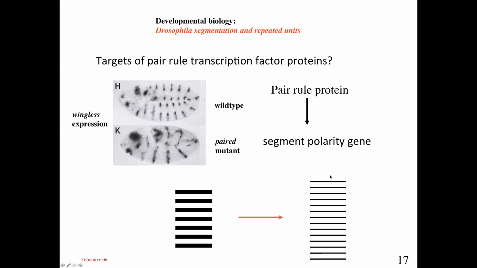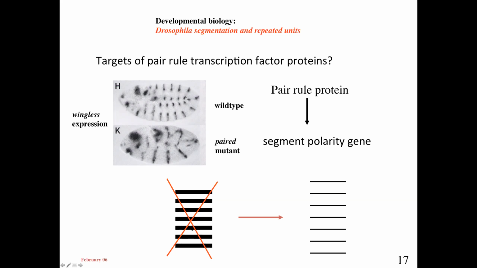Now, these 14 different stripes would talk to each other. Now in the paired mutants, if the pair rule genes are mutated, it's not that you don't see any stripes, it's just that you see the 7 stripes, because while this is one pattern of pair rule gene expression, there are the other pair rule genes.